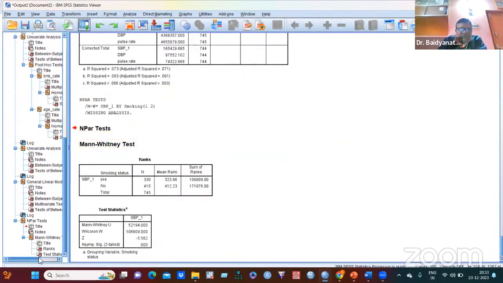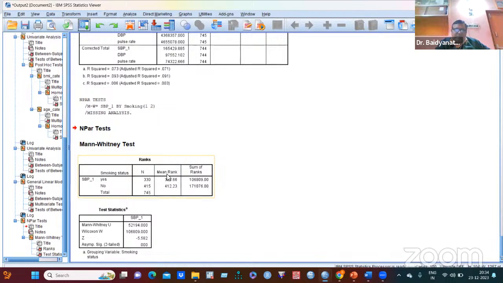Check here. The yes group has 330 observations, and the no group has 415 observations. This is the mean rank, and this is the mean rank also. Mean rank means our systolic blood pressure will be ranked according to this. So the rank of this group and the mean rank of this group.